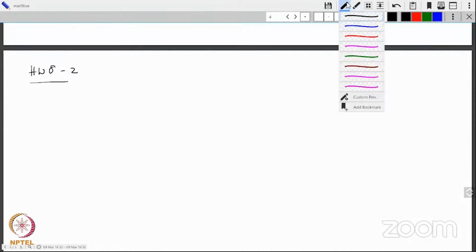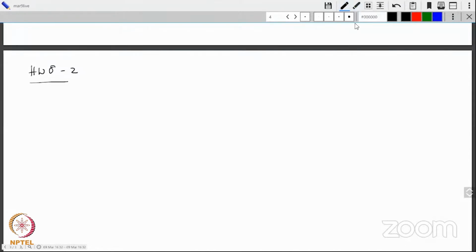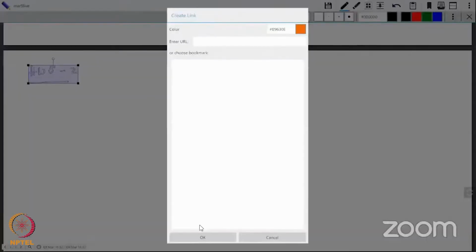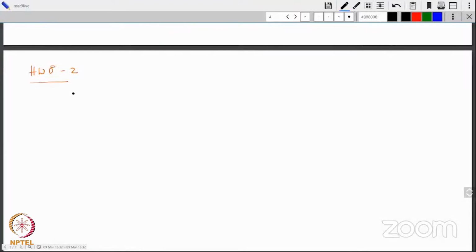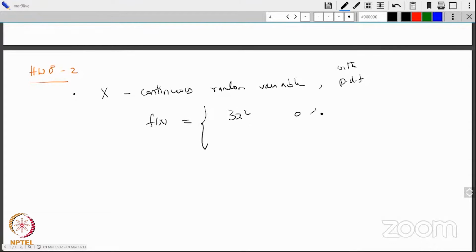So here I switch gears. I ask you to find the following. X is a continuous random variable, and the PDF is given by f of x is 3x squared for 0 less than x less than 1, and 0 otherwise.